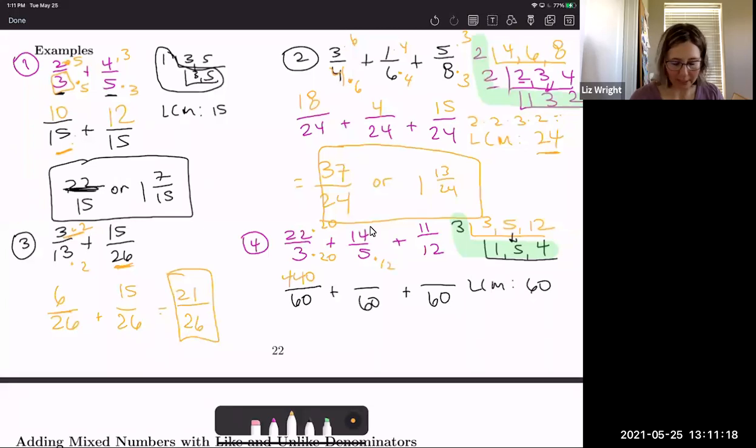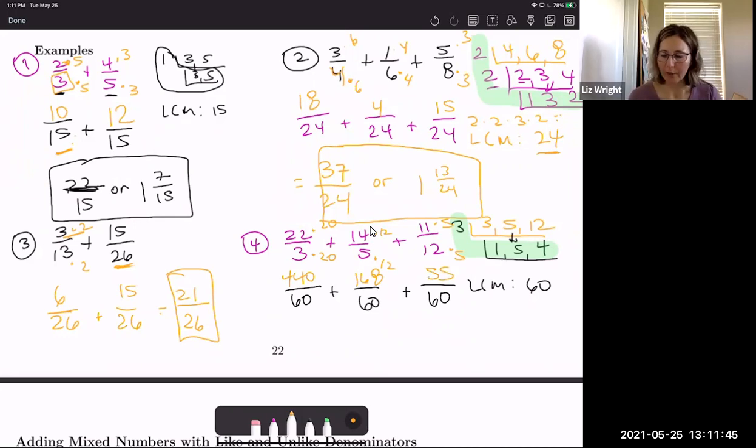And then 14 times 12, I'm not sure, but we're going to do 14 times 12 quick on my calculator. 14 times 12 is giving me 168. And then we're going to do 12 times 5 gives me 60, and 11 times 5 is going to give me 55. So let me make sure that looks right so far.